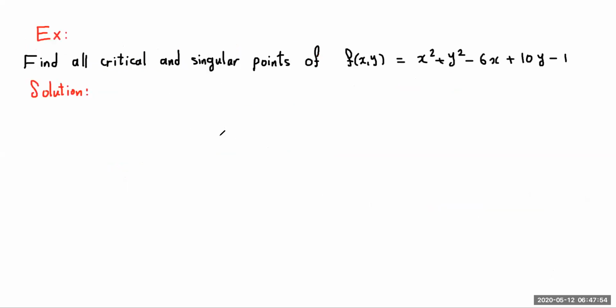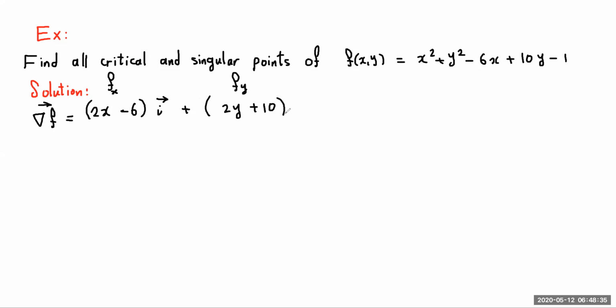Let's take some exercises. So here, find all critical and singular points of f(x,y) equal x² plus y² minus 6x plus 10y minus 1. So let's calculate the gradient of the function f. Its partial derivative with respect to x is (2x minus 6) times i. So this is fx, plus the partial derivative of f with respect to y, it's (2y plus 10) times j.